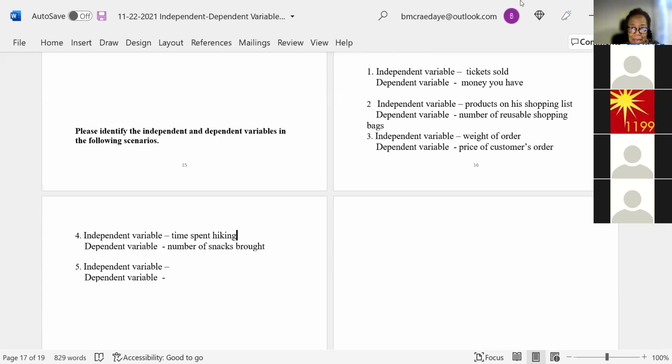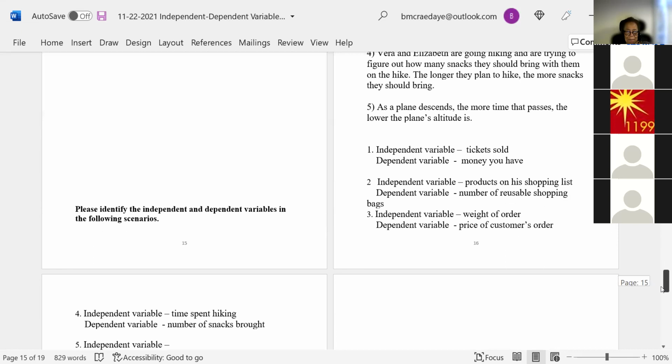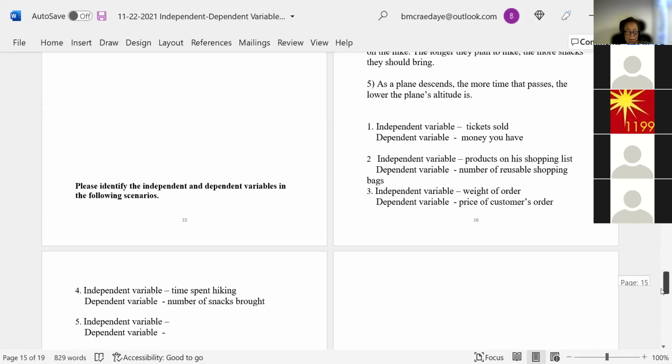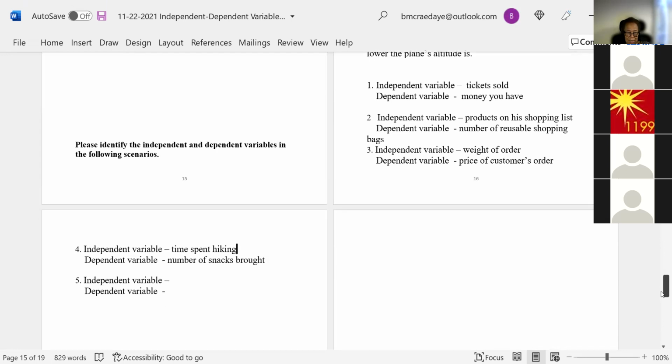And number 5, the last one. Okay, Alva. As a plane descends, the more time that passes, the lower the plane's altitude. So what are the independent and dependent variables? The time they are descending or the altitude of the plane? Which one is dependent? Which one is independent?